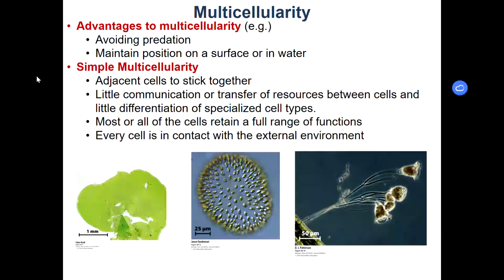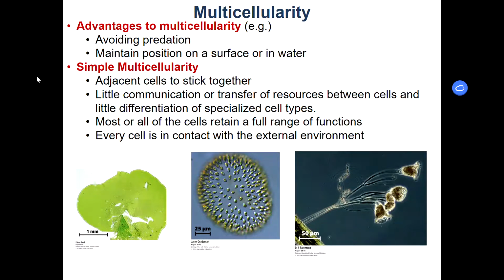Almost all of those cells in that group are not differentiated. They just have the same function. All the cells in that group do the same thing. They have to carry out all the different functions to survive. And every single cell is connected with the external environment that they're living in.